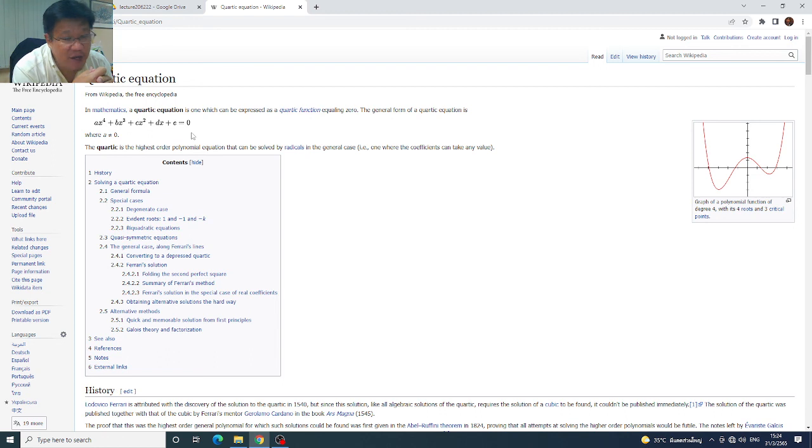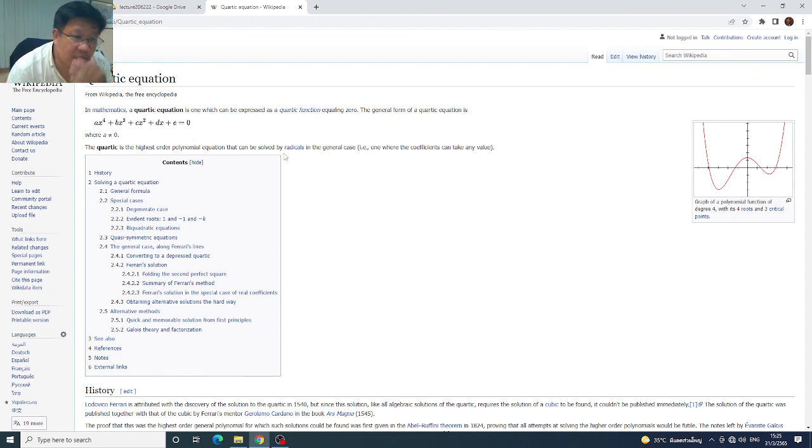Some mathematicians proved it many years ago, and you might have heard about the Abel Prize, the highest prize for mathematicians. Abel was a Norwegian mathematician, and he was the one who, along with a colleague if I'm not mistaken, proved that polynomial equations of order greater than 4, starting from 5, 6, 7, cannot be solved by radicals in the general case.